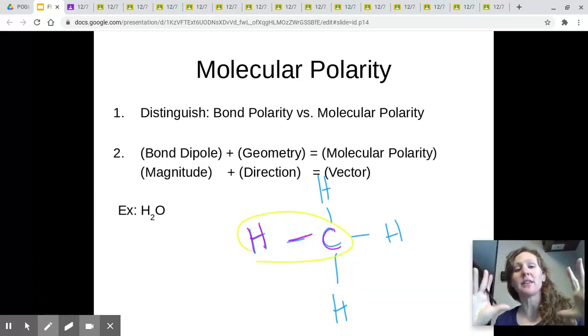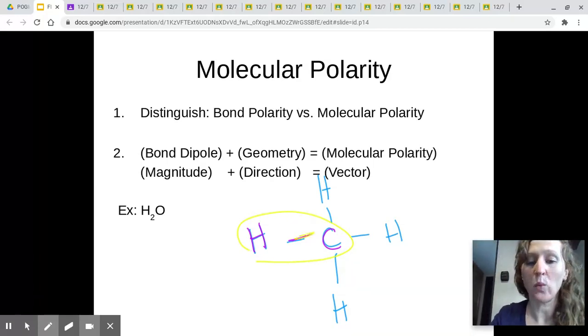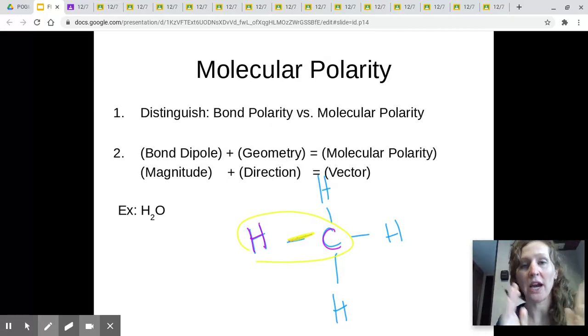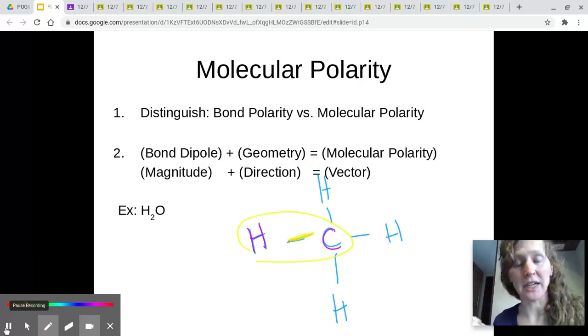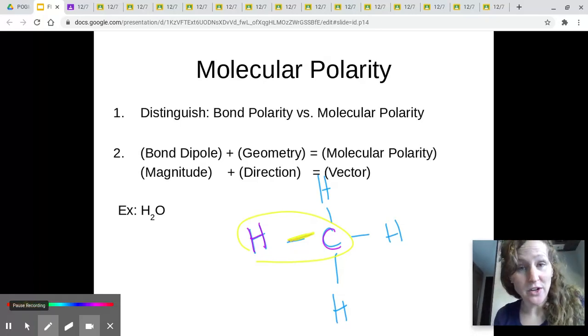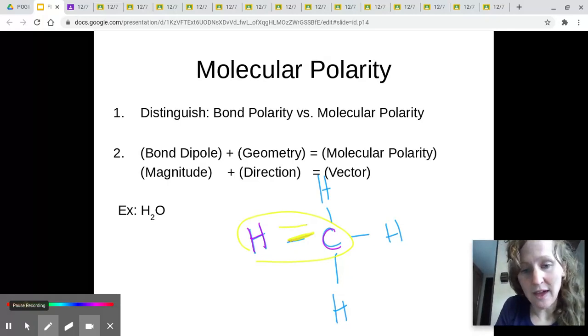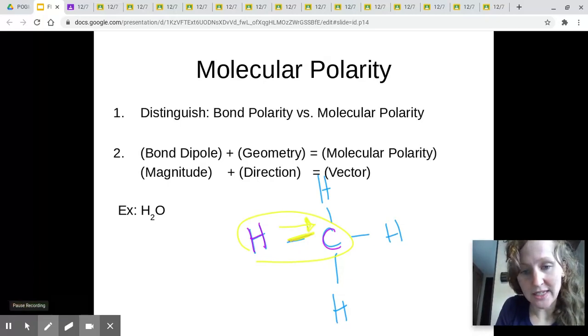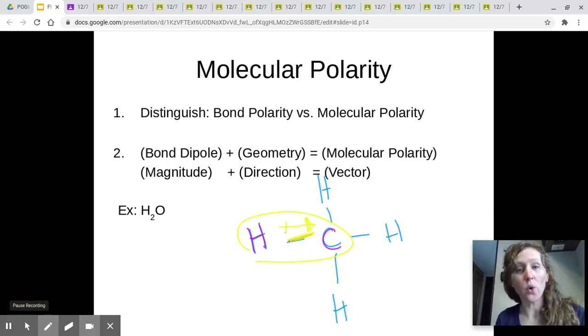Within the molecule, we can focus on one of the bonds, the bond between hydrogen and carbon, and we can talk about how carbon is more electronegative, maybe, I think. Maybe I should check that information. Okay, yes, it is. Barely. Anyway, carbon is more electronegative than hydrogen, so the electrons inside that bond are going to be drawn towards carbon and away from hydrogen.